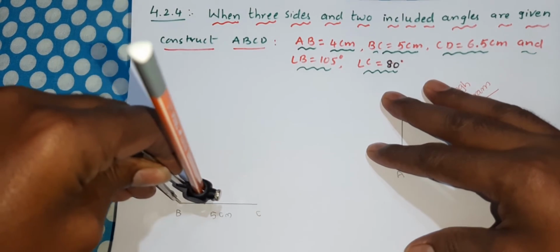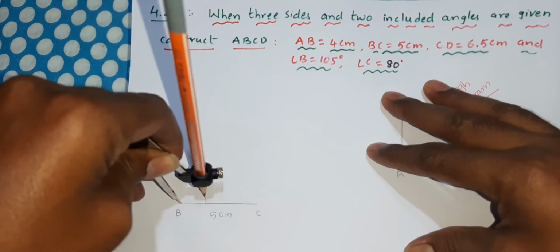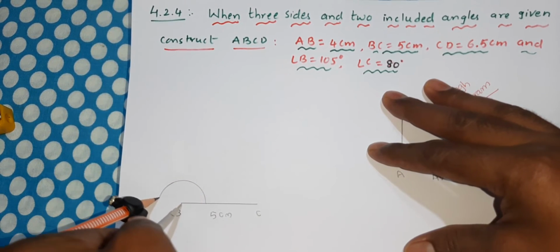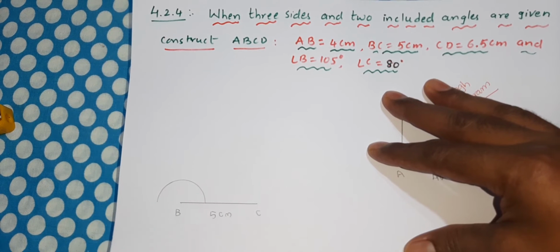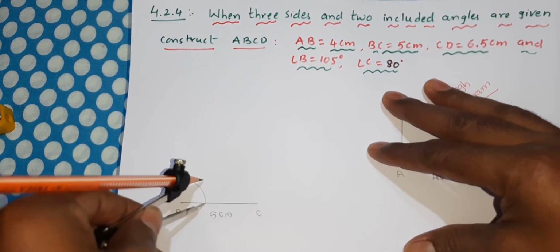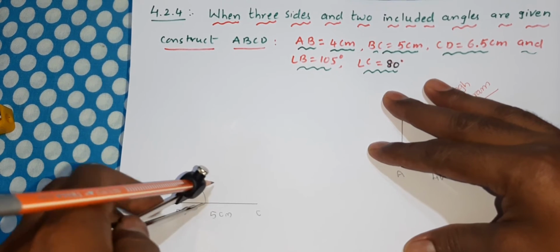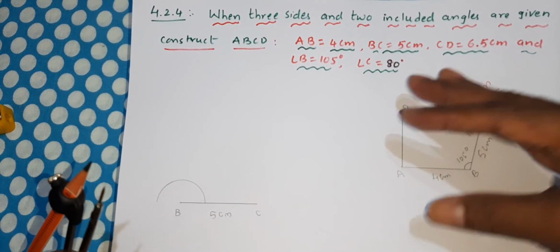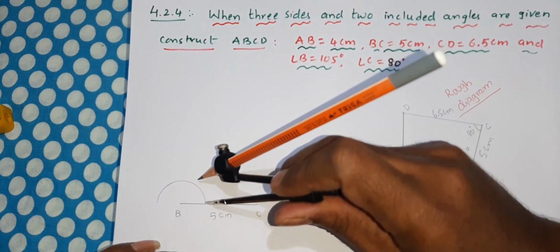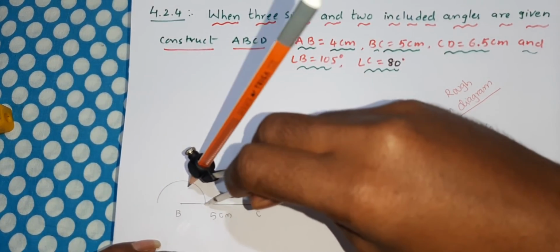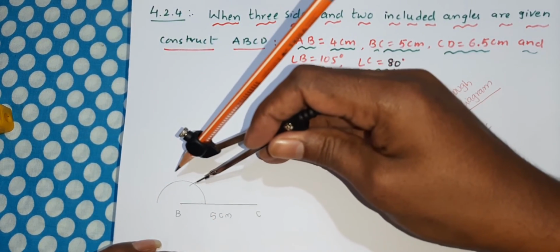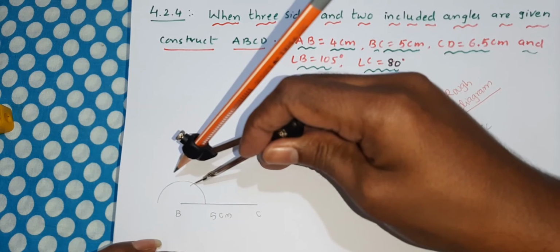So take a convenient radius and just draw the arc, right like this. With the same radius you can draw from this point, means you need to construct 60 degrees. This is 60. From 60 you can draw one more arc.